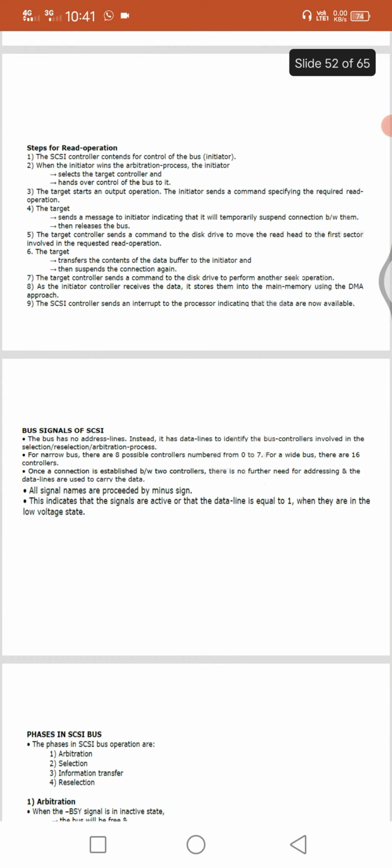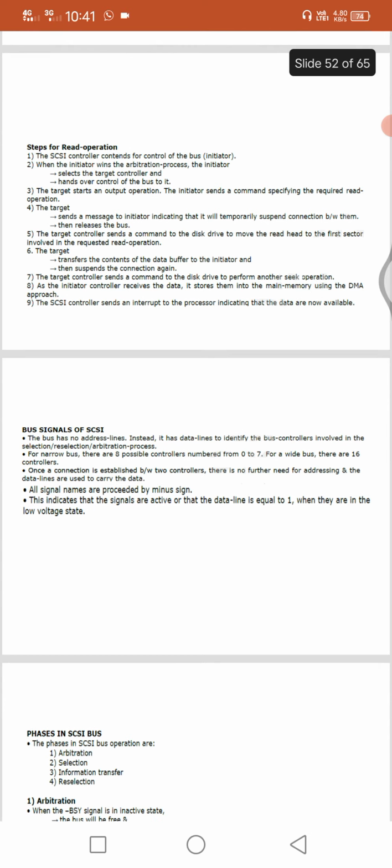Now, bus signals of SCSI. The bus has no address lines; instead it has data lines to identify the bus controllers involved in the selection, reselection or arbitration process. There are no address lines here, only data lines. For a narrow bus there are 8 possible controllers numbered 0 to 7.